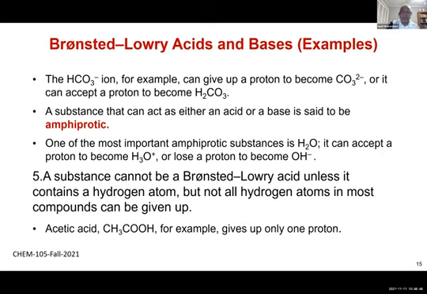That's what I was talking about. In acetic acid, the hydrogen at the right-side end is the only acidic one.